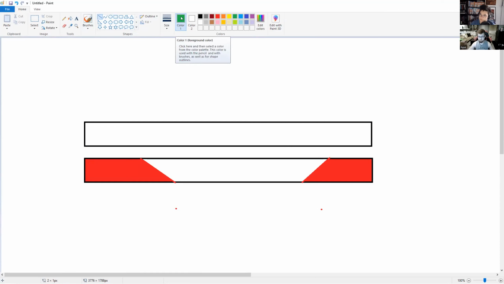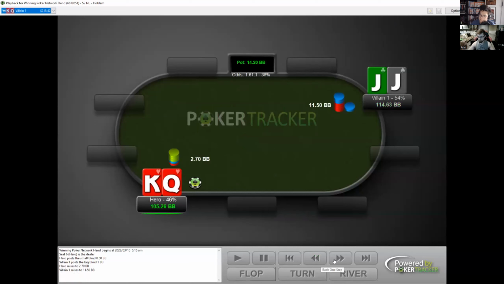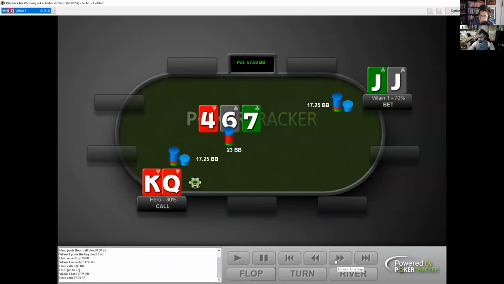Sure, you're in position, so that's going to change things a little bit. Here on the turn, and after you call the flop as well. So you call the flop, you call the turn.